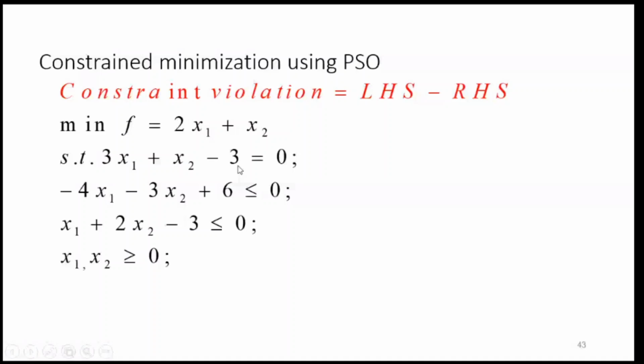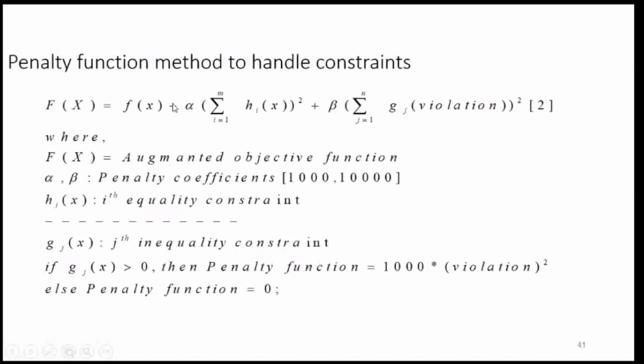So in the case of objective functions formulation, this new equals old, it means original objective function plus penalty coefficient into square of hi of x. This is the equality constraint and its square. Why we square?